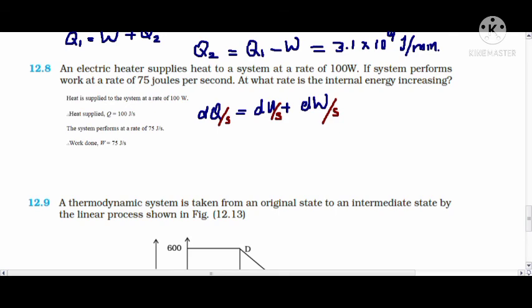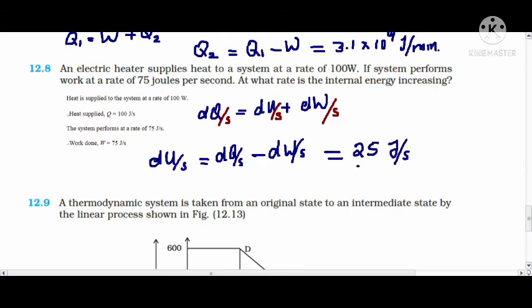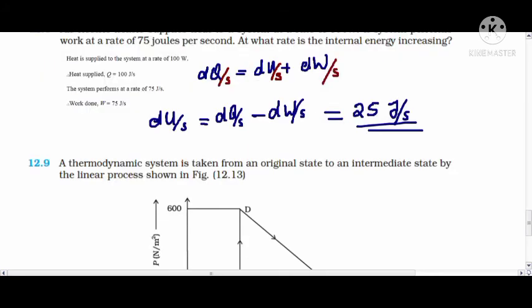So from that you can calculate the increase in internal energy per second, that is du per second is equal to dq per second minus dw per second. So substituting the values, you will get the answer. It is 100 minus 75, that is 25 joules per second or 25 watts.